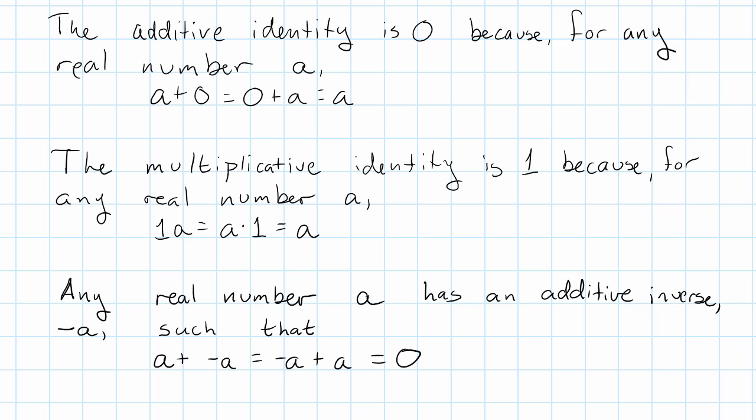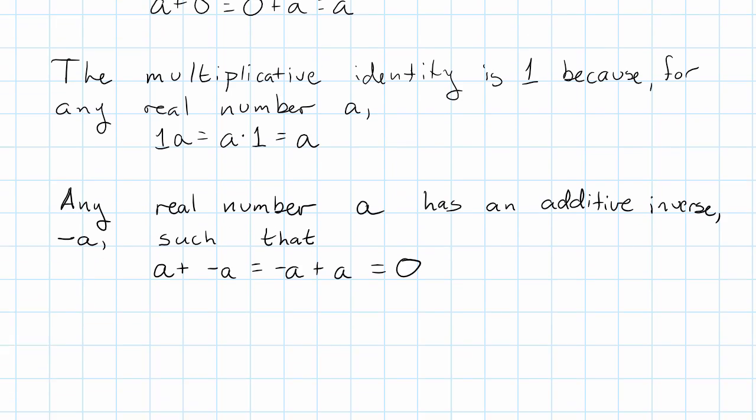The additive inverse property says any real number a has an additive inverse, the opposite of a, such that a plus the opposite of a equals the opposite of a plus a equals 0.